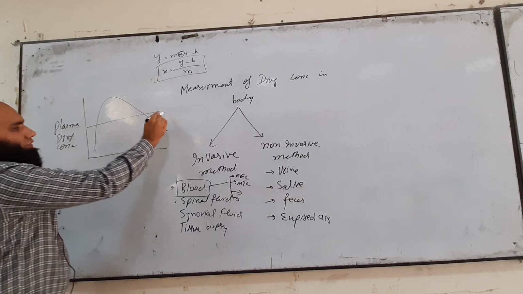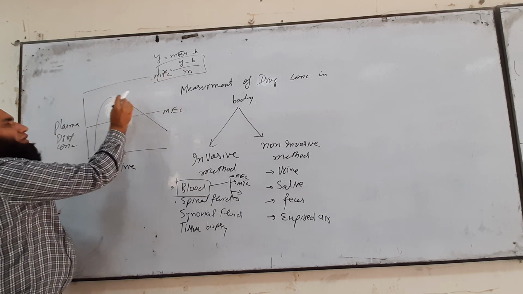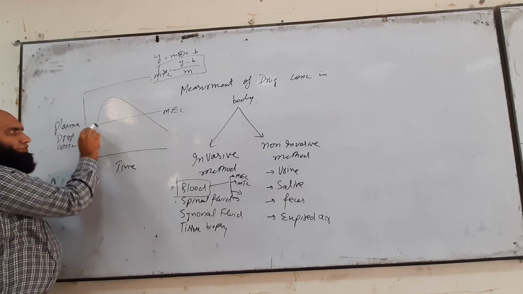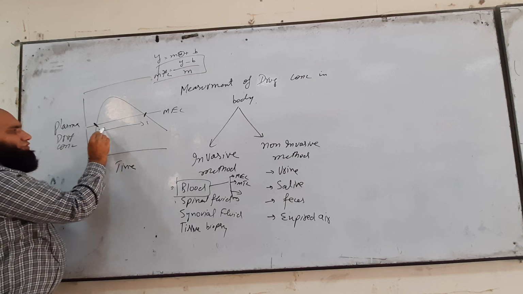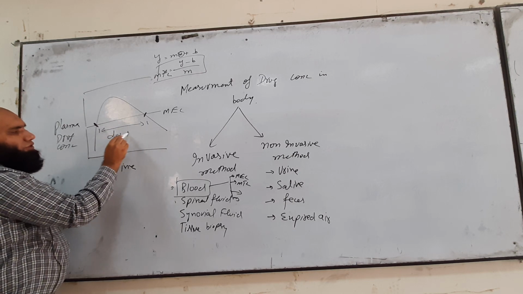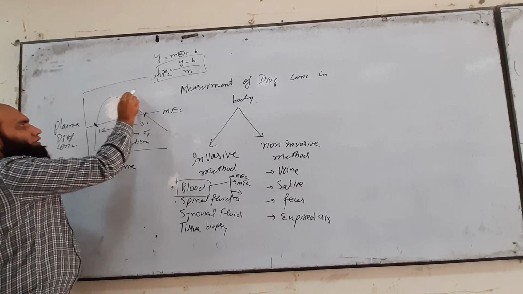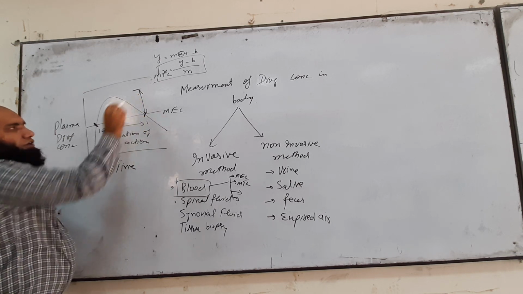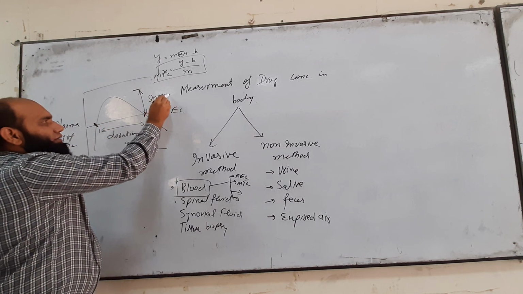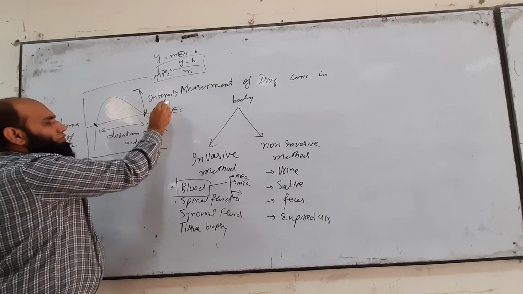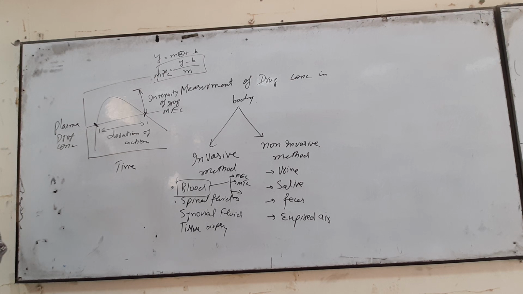We have one line which is MEC, and another which is MTC. The level from the start of the MEC to the end of the MEC is the duration of action. And the height which we get after a single dose is called the intensity of drug.